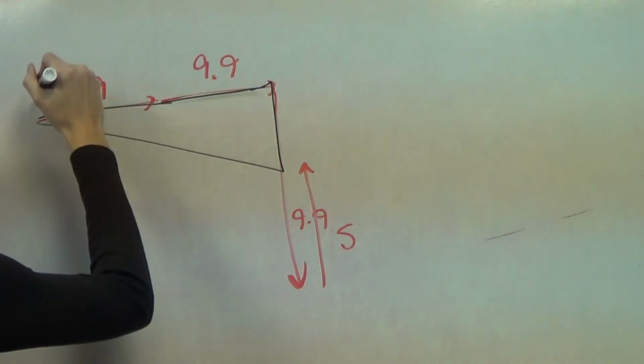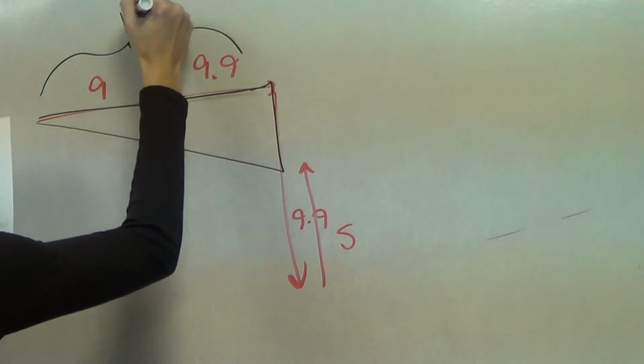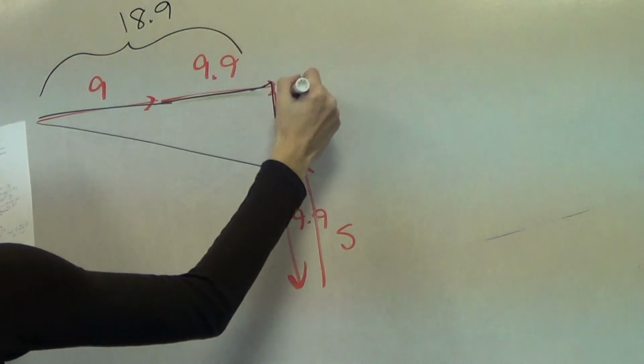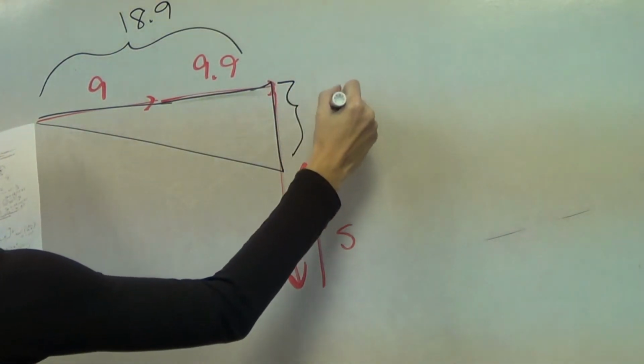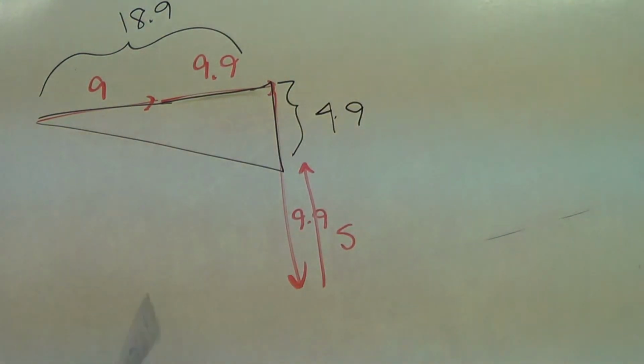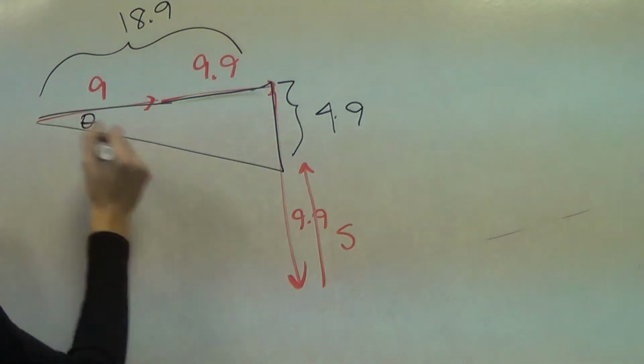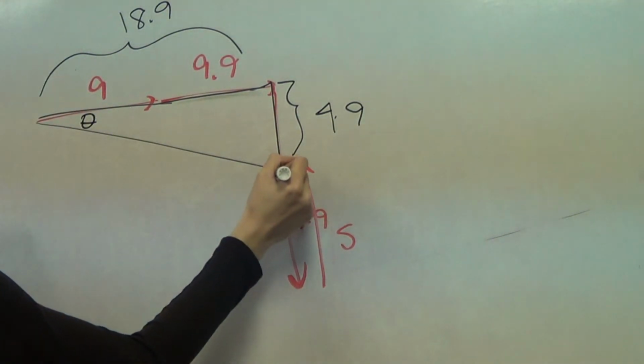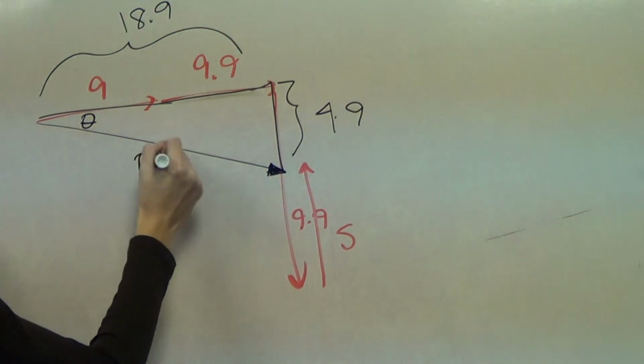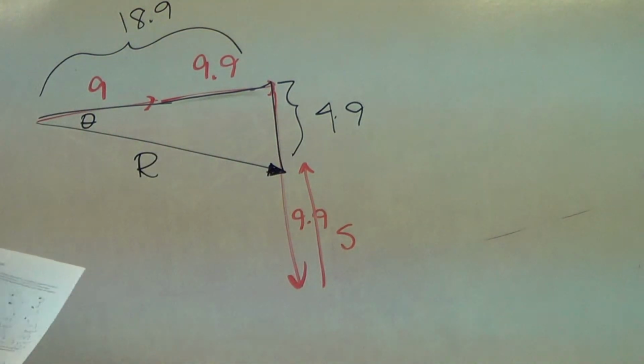And this is 18.9, and then this would be 4.9, which if you got the right magnitude, you should have that, and the theta would be right here, this angle. This is your R going that way.